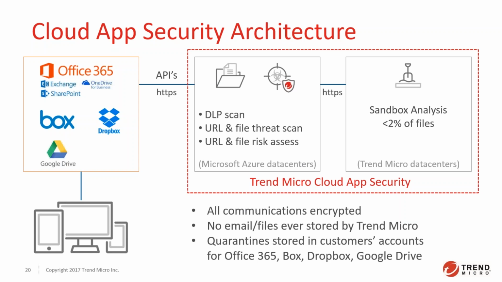There's also sandbox analysis for those unknown types of threats, and it's done in Trend Micro's data centers. From a percentage perspective, I think less than 2% of those files will go to the sandbox, so it doesn't really impact everyday documents. It's only if the document is malicious that it's going to trigger that sandbox analysis. Next slide, Arun, please.